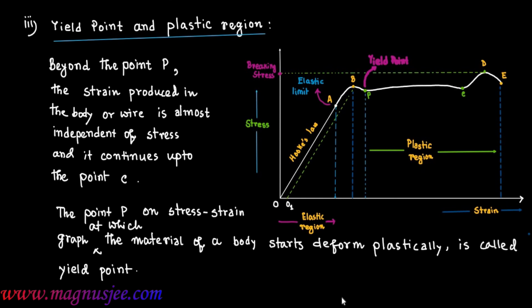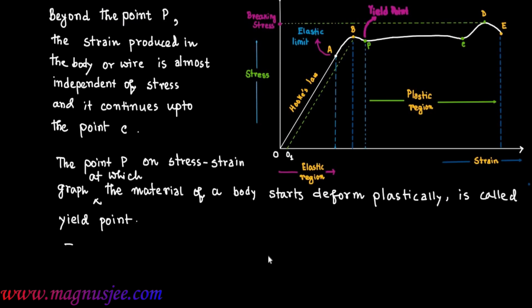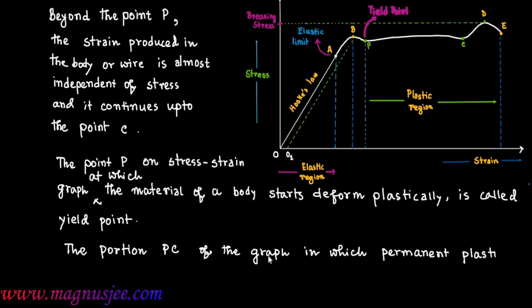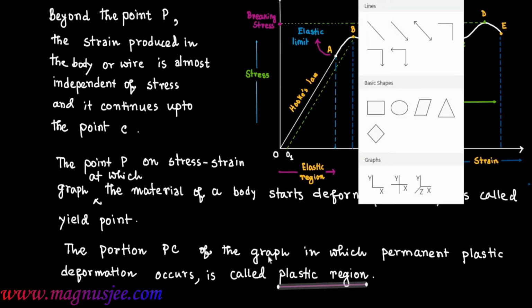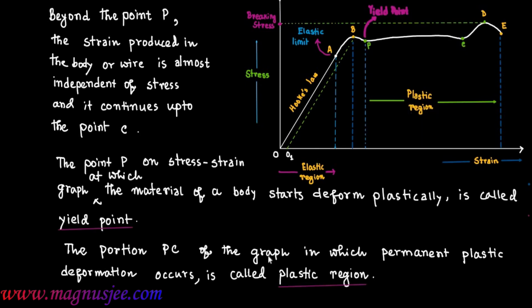The point P is the yield point, and the portion PC of the graph in which permanent plastic deformation occurs is called the plastic region.